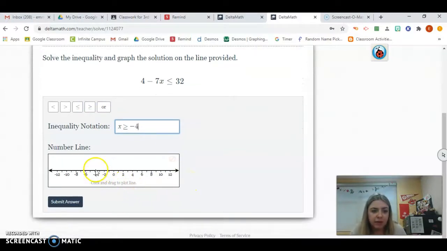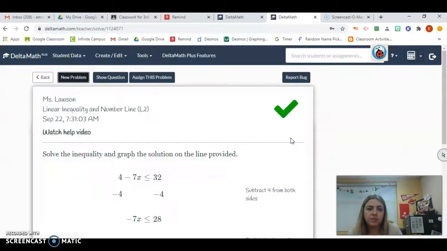I'm going to put a dot at negative 4, and since x is greater than, it's going to move to the right. And then I want it closed because it is an or equal to sign. So it's greater than or equal to, which means a closed dot. Submit my answer. And there you have it.